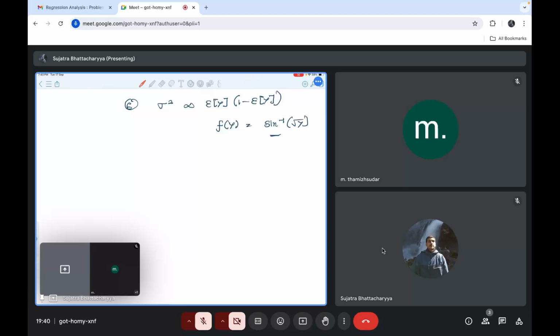So the last part of today's lecture is the transformations to linearize a model. Sometimes what happens is that when you get some data between x and y, you plot a scatter plot.